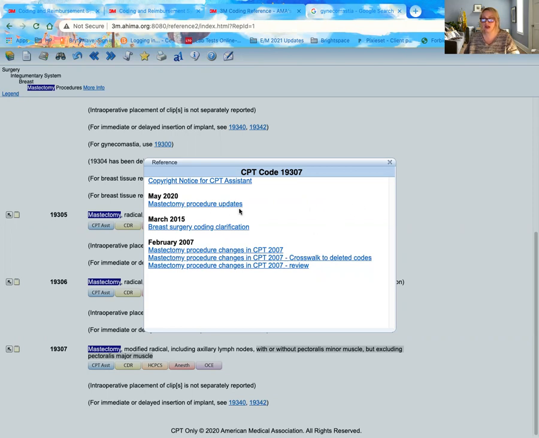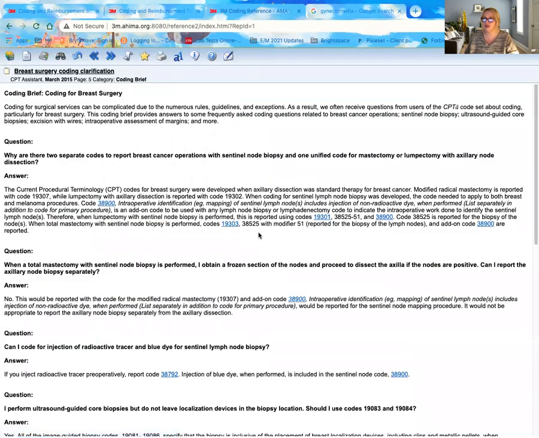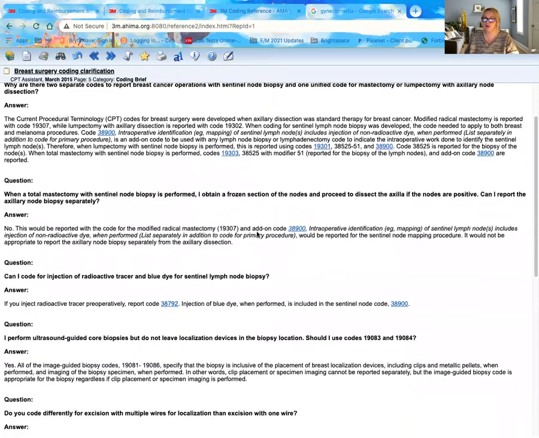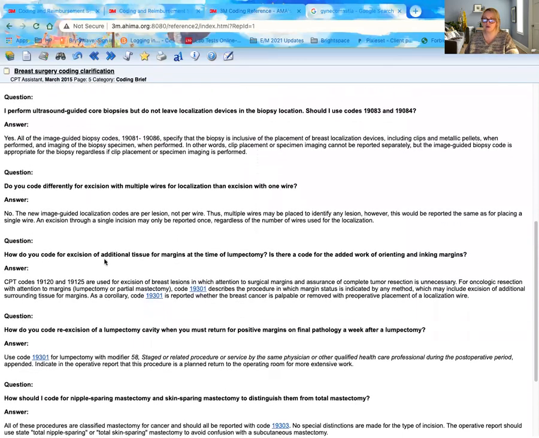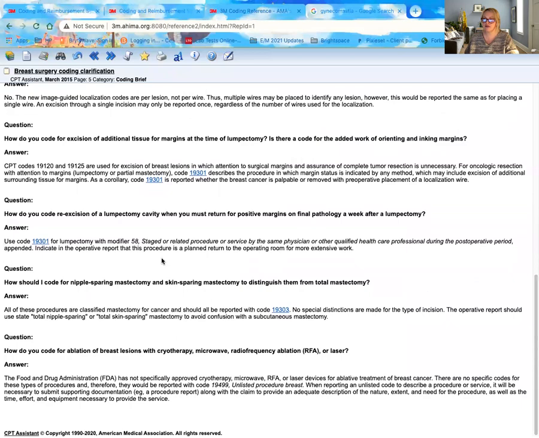Now keep in mind with the updates and the changes, this may just be something that's talking about code changes or deletions, not necessarily current codes. But this breast surgery coding clarification, that's actually going to be very relevant to my current procedures. And I might want to look through this if I'm having trouble to see if it can help me with one of the questions they have.